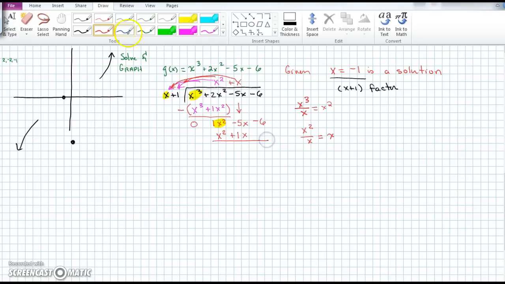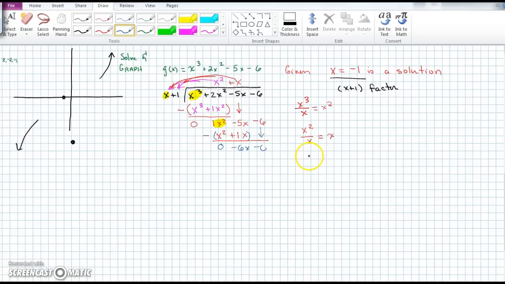And now I'm going to subtract again. 1x squared minus x squared is 0. That's what it should always be for the first term. And a negative 5 minus 1 will be negative 6x, bringing down the negative 6.